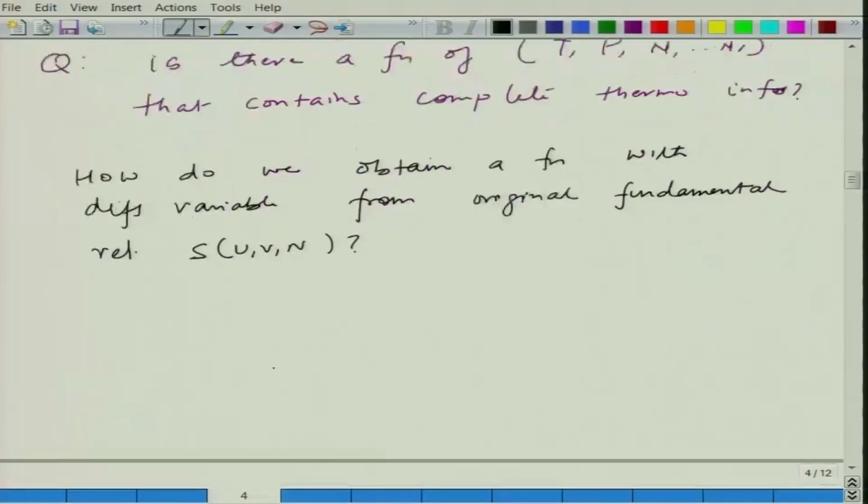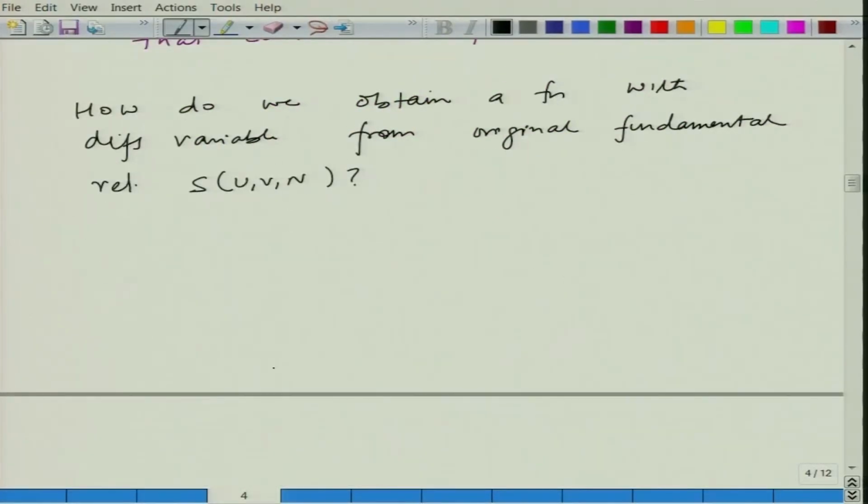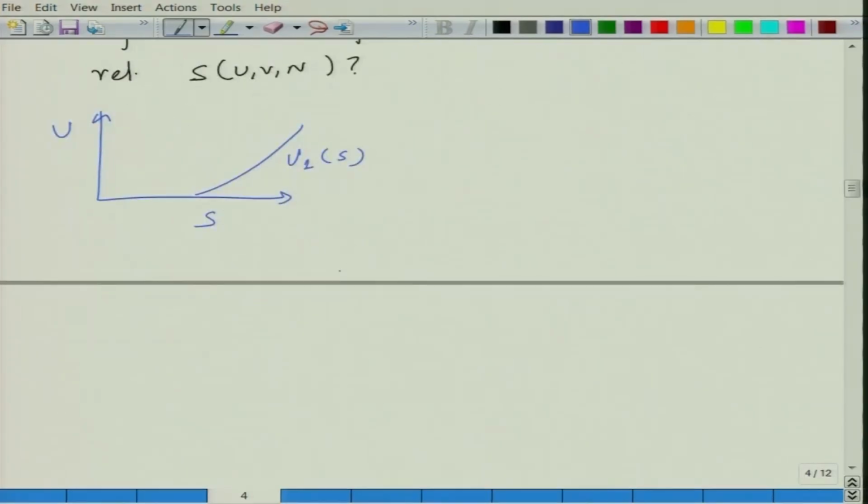So let us consider a very naive approach. Let us say we start with a function U, so you may have this U as a function of S. I am ignoring the other terms.